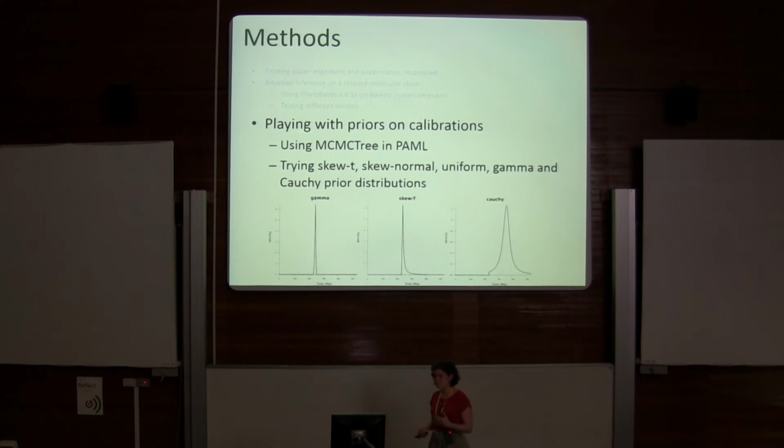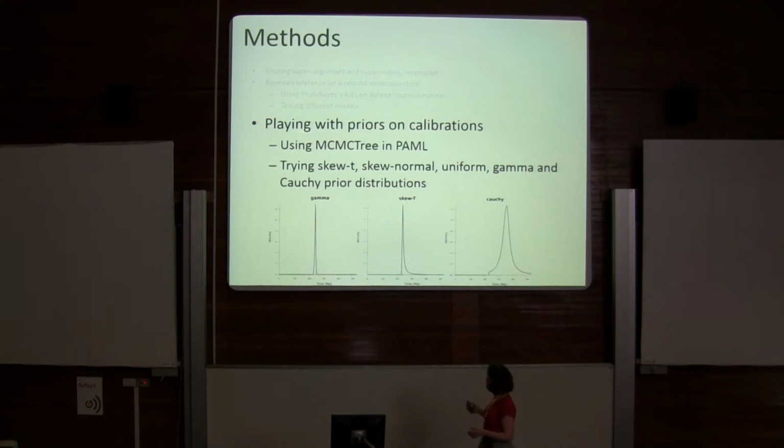Then, because the calibrations are so important, I'm also looking at the priors on the calibrations, and I'm using MCMCtree and PAML to do this. And here you can see an example, these are all for node 6, so the split between squamates and the tuatara, and they basically exemplify how much trust we have in the fossil record.